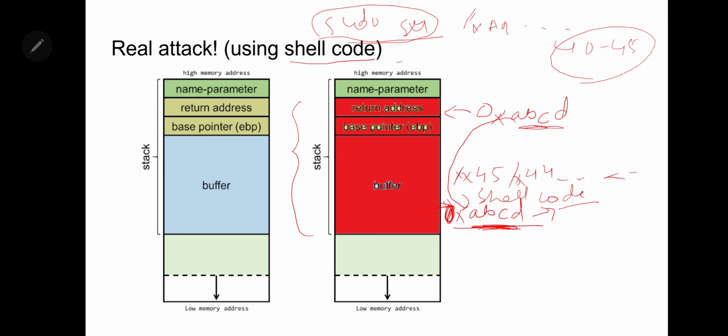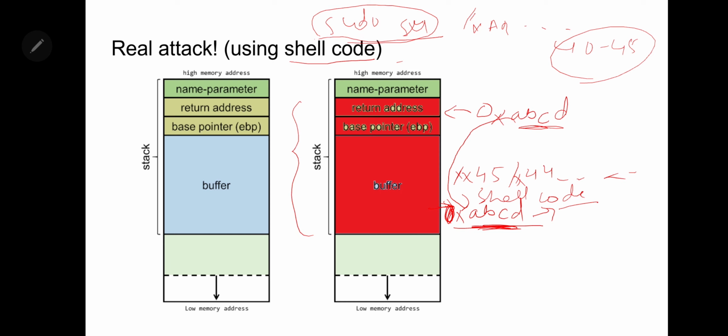So that's the next challenge. If you find out that ABCD is the address, the next time you execute, the address of the shellcode may have already changed. So that might not even point to the shellcode, and it might point somewhere in the middle of the shellcode or before the shellcode, so you don't really know.